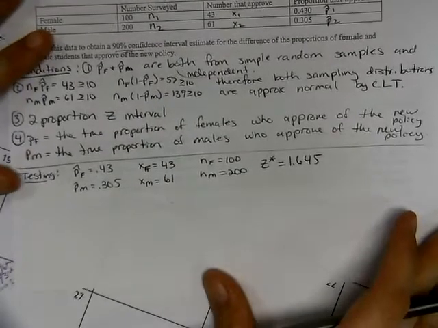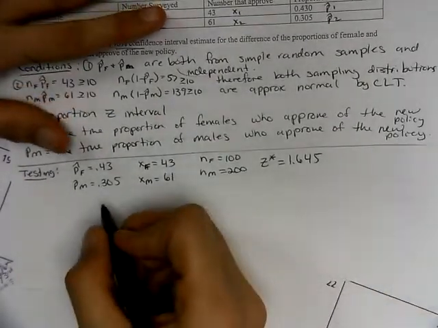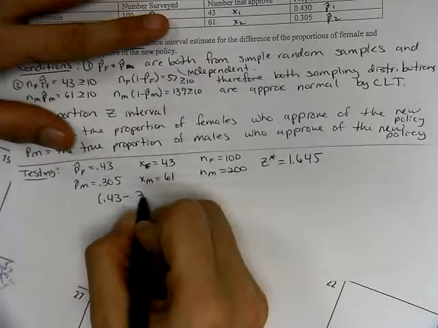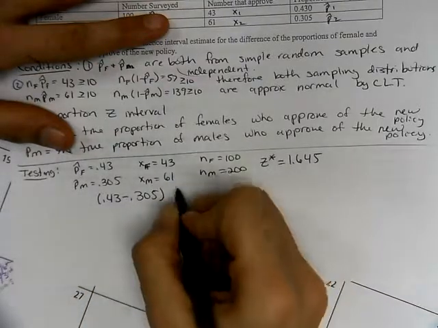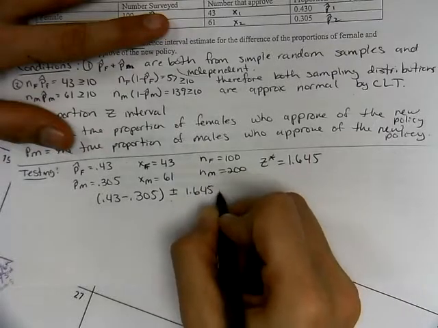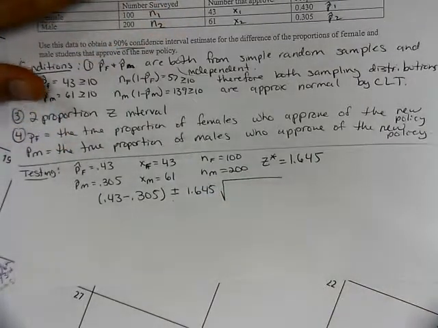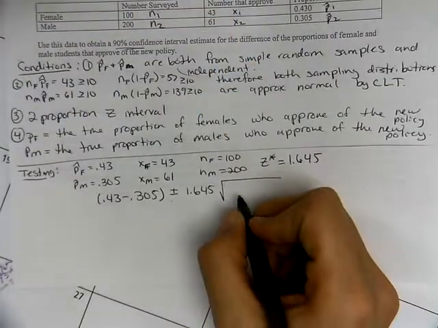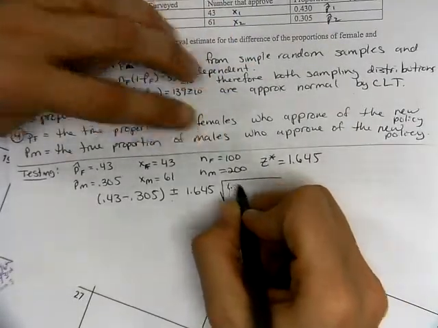So then let's figure out our formula. It would be 0.43 minus 0.305 plus or minus 1.645 times the square root. Now we have to do p hat times 1 minus p hat over n.